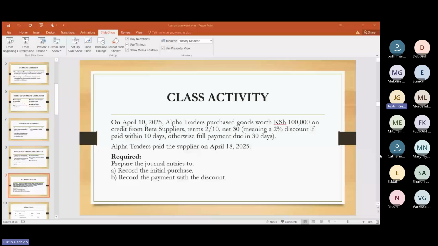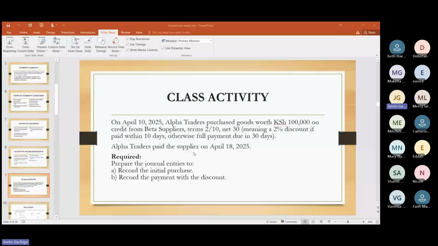So now let us record the payment. Here we are told that if he pays within 10 days, he gets a 2% discount. So in this case, did he pay within 10 days or not? Let us communicate so that you can move faster and so that we can also understand the concepts.